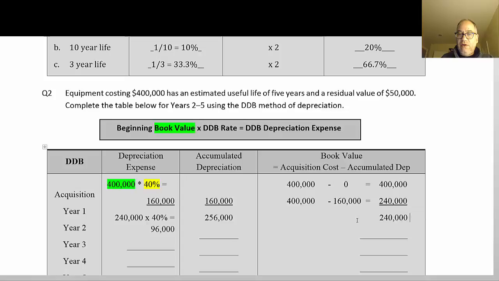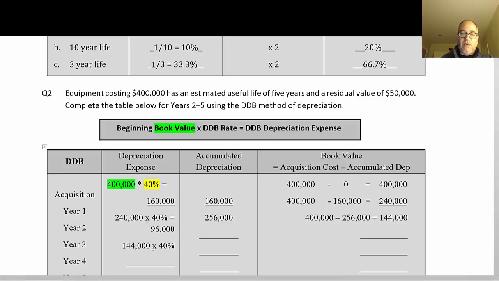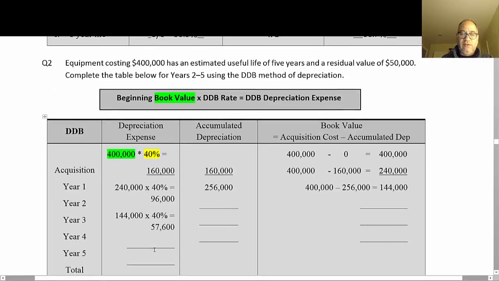Accumulated depreciation would be 160,000 plus 96,000, or $256,000. Then the remaining book value is the acquisition cost, 400,000, minus the accumulated depreciation of 256,000, giving a book value of $144,000. Year 3, again, what's our book value? It's now 144,000. So 144,000 times 40% equals $57,600.